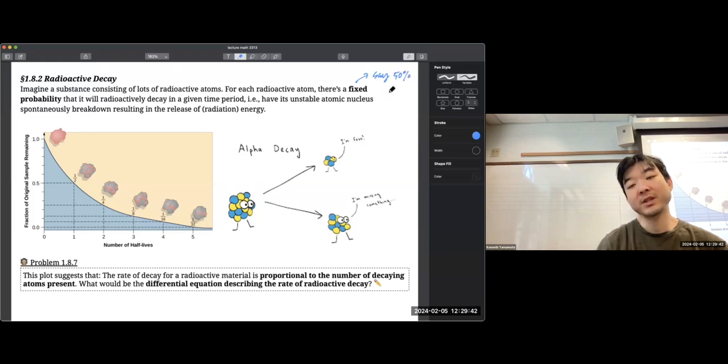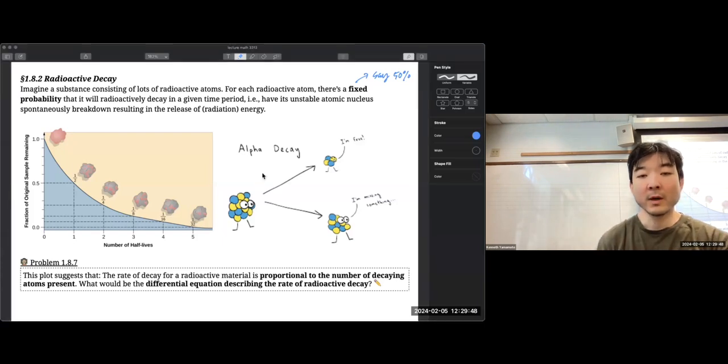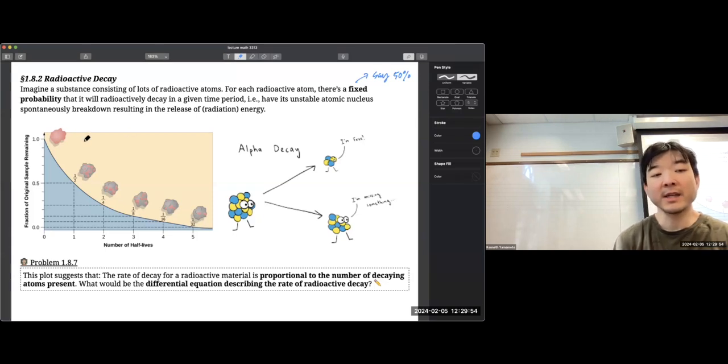So there's a 50% chance that in every time step, 1 second or 1 millisecond or whatever, you would end up decaying, breaking down. Not all the atoms will break down, because it's just a 50% chance. But in the large number of atoms that you have, you can assume that approximately half of them would decay in a given time period, and some of them won't.